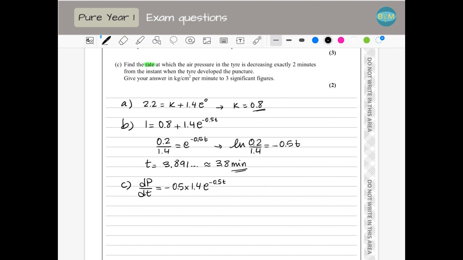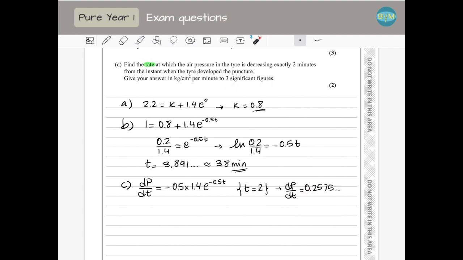So when t is 2, I just substitute the t by 2 here, and this value is 0.2575, and they ask me to give your answer in kilograms per centimeter squared per minute to 3 significant figures.